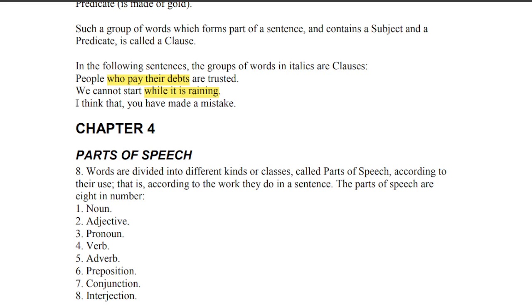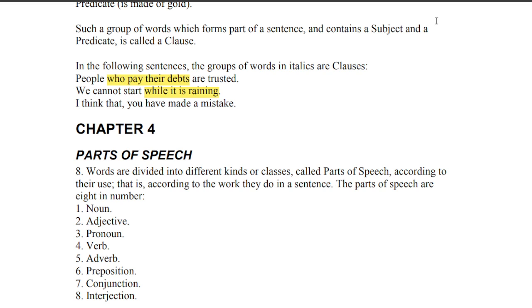Examine this sentence. I think that you have made a mistake. Now, I is the subject. Think that you have made a mistake is the predicate.